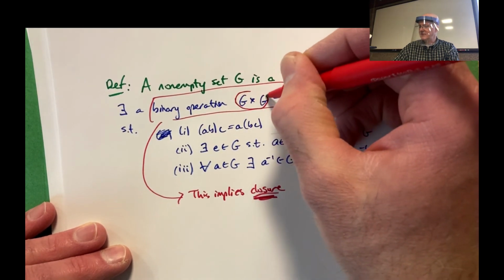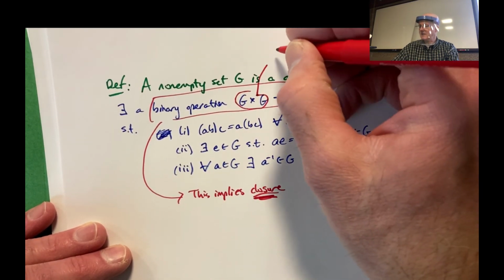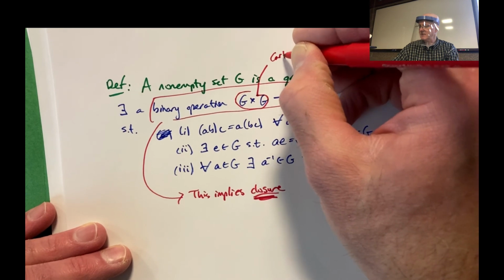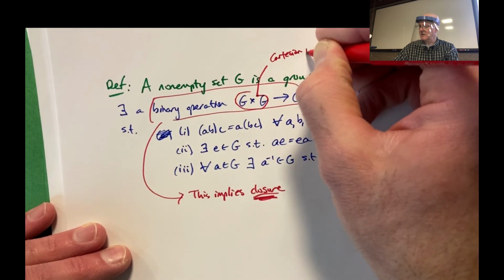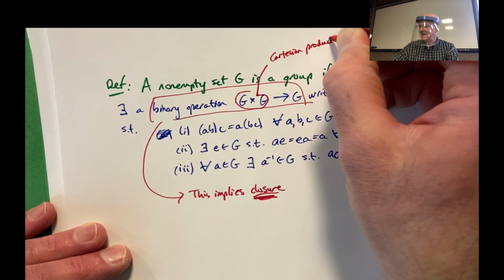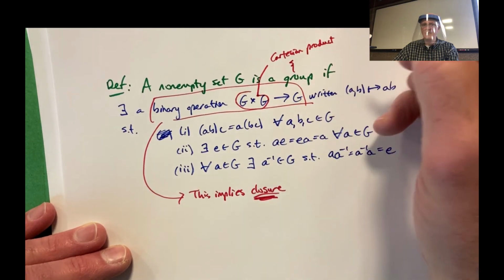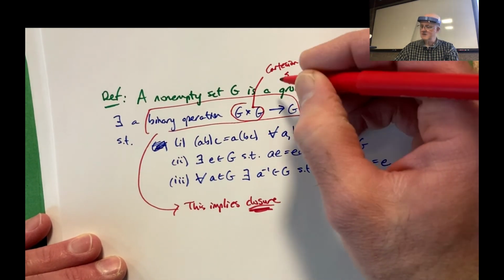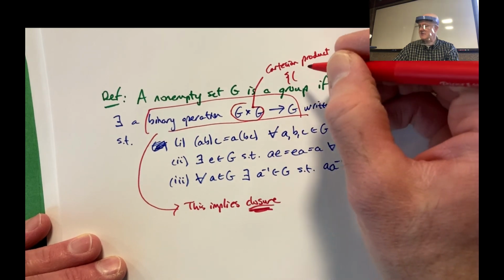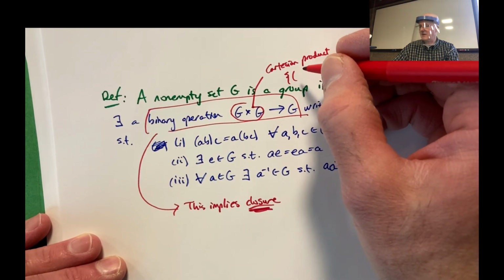G cross G, if you've never seen this before, is called the Cartesian product of G with itself. As a set, it's just the set of all ordered pairs whose coordinates, or components, are from G itself.